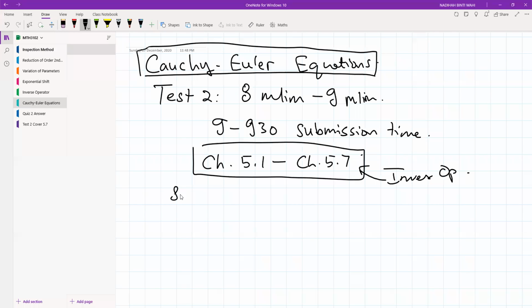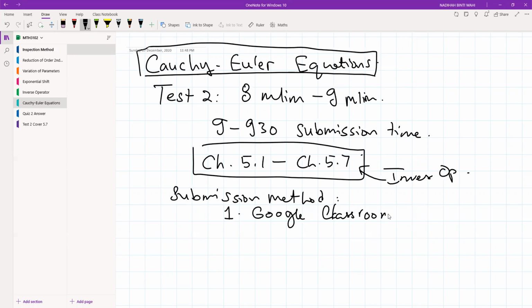Okay, submission method. Saya lebih prefer guna Google Classroom. Ada 3 atau 4 orang tak masuk dalam ni. Sebab Google Classroom dia lebih stable than Putra Blast.